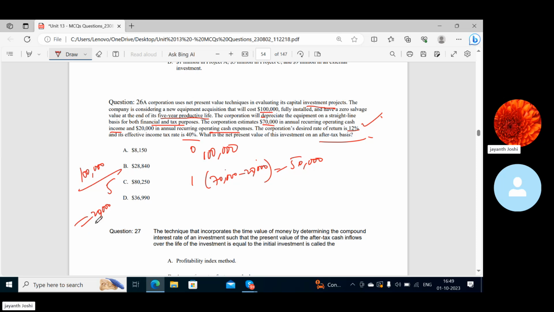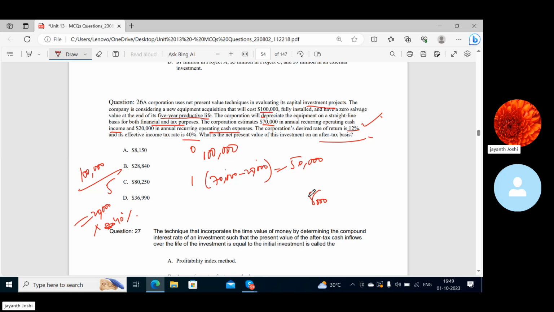NPV. So definitely depreciation, if we take 20,000 into 40%, so 8,000, right? Yes, 8,000.